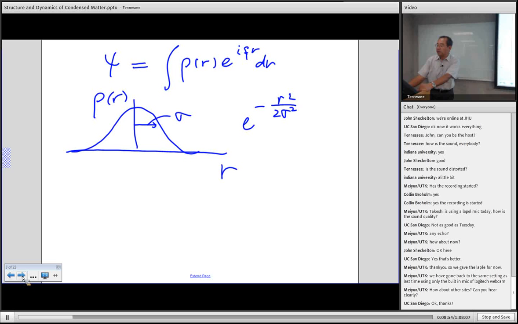When R is equal to sigma, the density is e^{-1/2}. Okay?